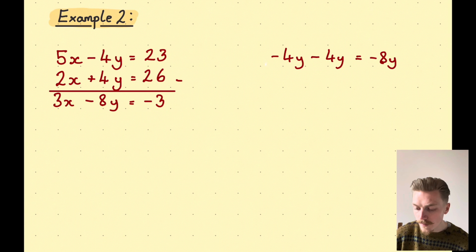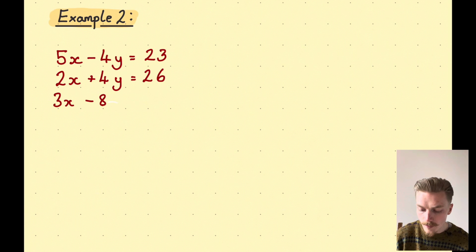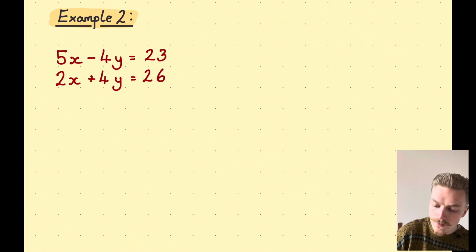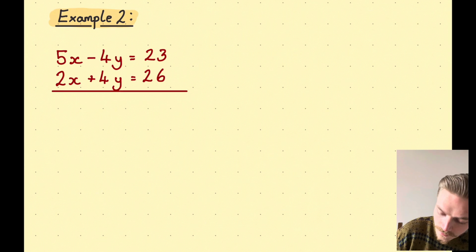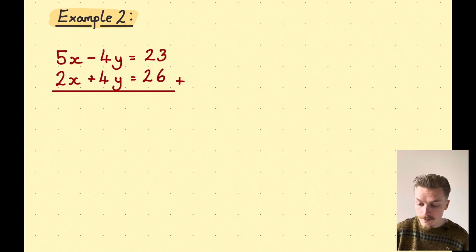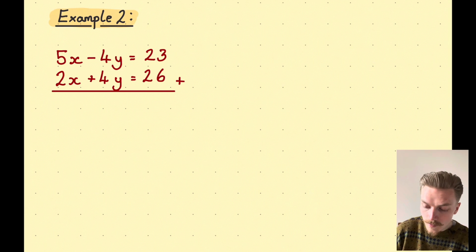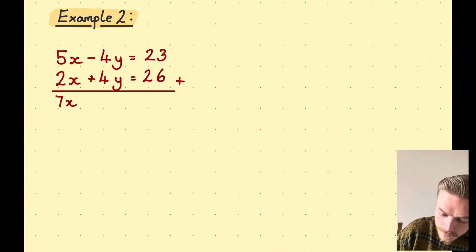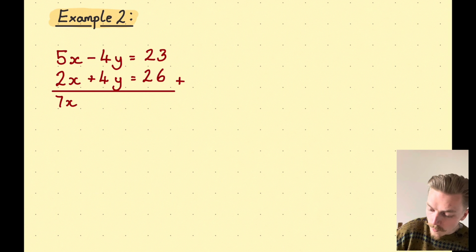And the different thing is, instead of subtracting to cancel out a variable, I'm going to try adding to cancel out a variable. So let's have a careful think about this then instead. 5x plus 2x, that gets me 7x. Negative 4y, it's helpful to write these negatives on the side.